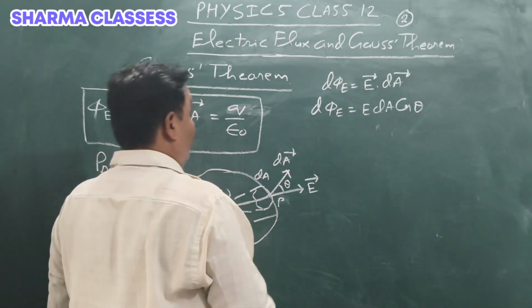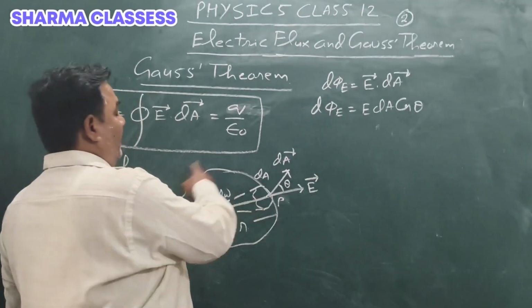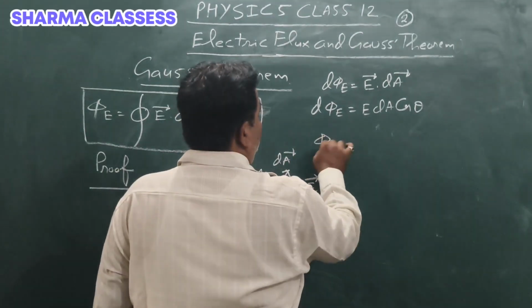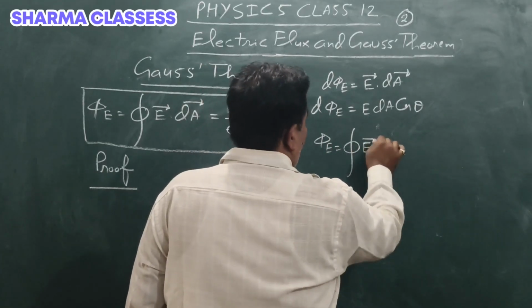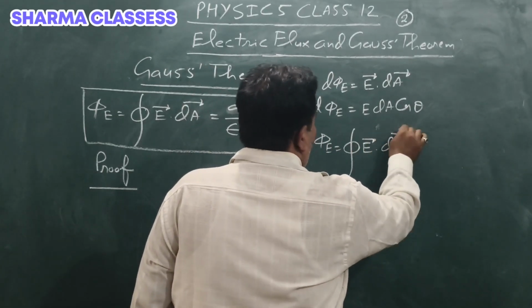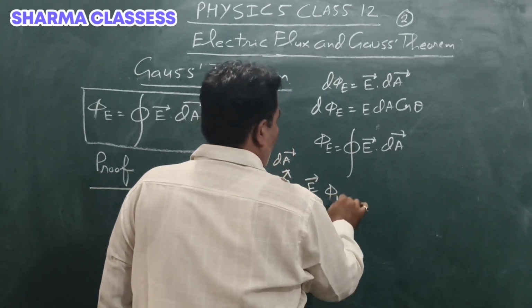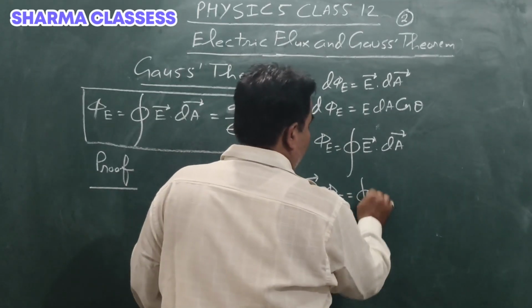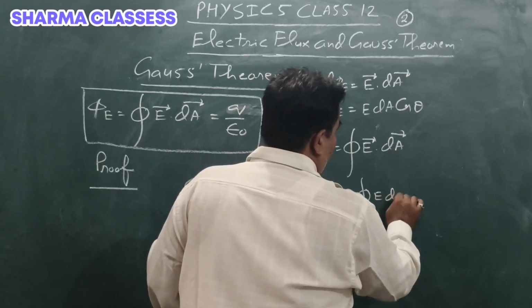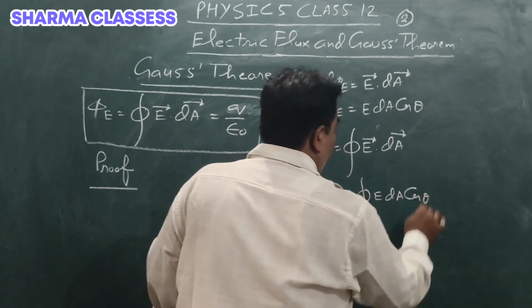Now the electric flux through the whole closed surface is denoted by phi equal to integration of E dot dA, and the value of E dot dA is E dA cos theta.